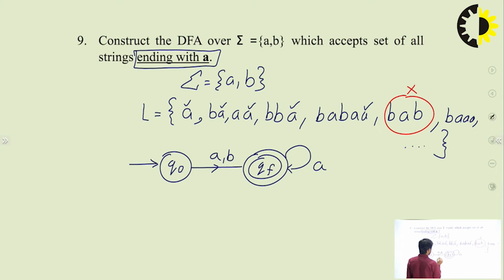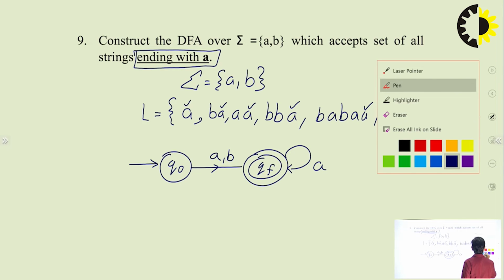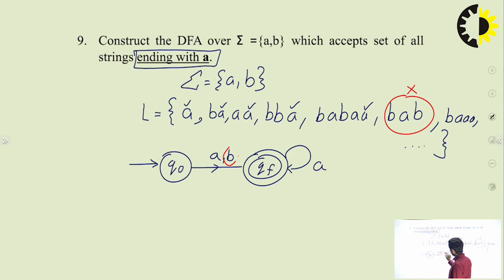On B also we define on Q node. If I am at state Q node, on input A I go to QF, and on B this will not be accepted. So I can't write B here, because on input B we go to state QF.